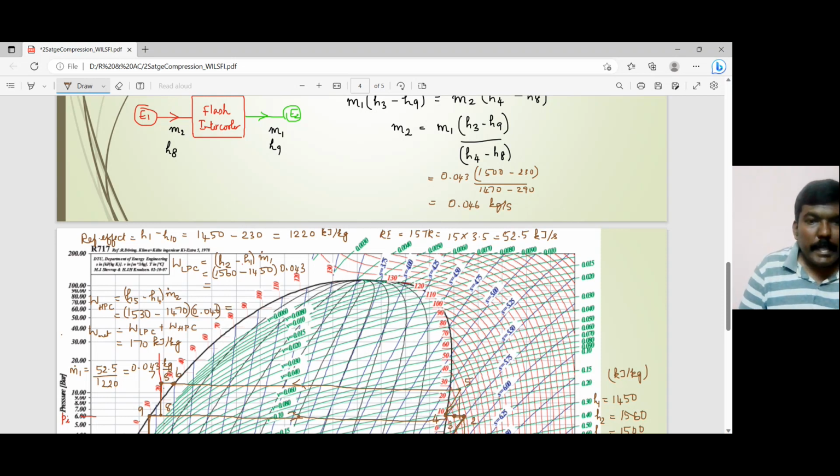Okay, so let's see how much you are getting. 1560 minus 1450, that's 110, isn't it? Multiplied by 0.043, that's 4.73. So this is 4.73 kilowatts. And 1530 minus 1470 multiplied by 0.046, that is 2.76.